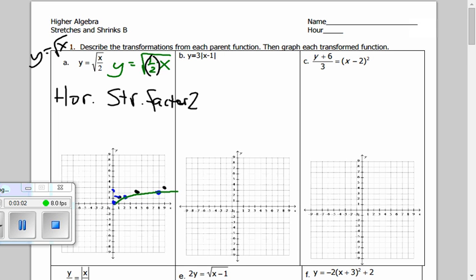If this black one's the parent one, and you grabbed it like right here with your hand, and you pulled this way, you get how it would stretch, like if it was made of rubber, it would stretch to be like that green one. And now your hand would be out here on the green one. All right, so that was a horizontal stretch.